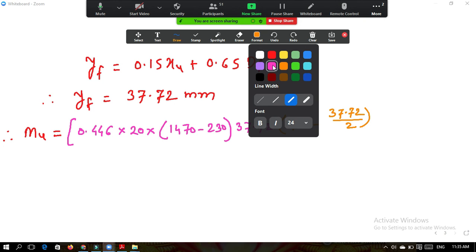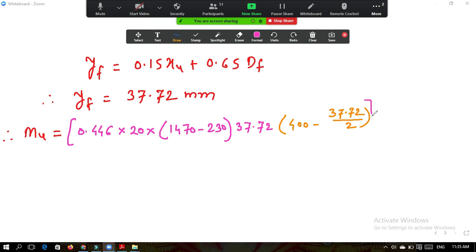So this is the formula. Close this bracket now. This is the first term, CUF into ZUF, plus here CUW, 0.36 into FCK into BW into XU.